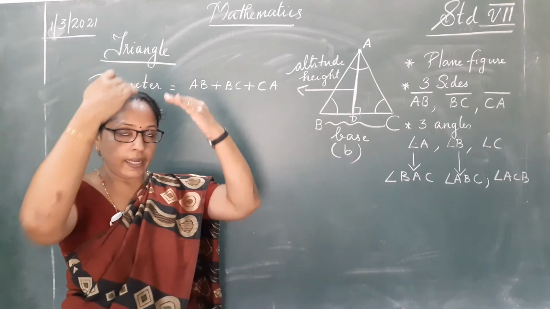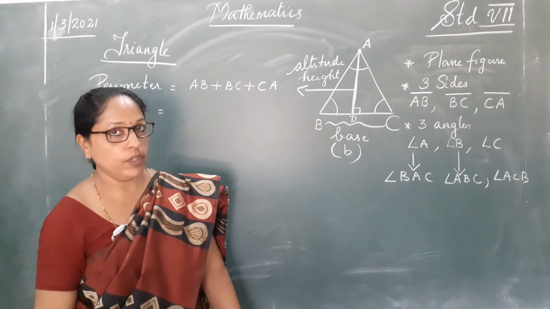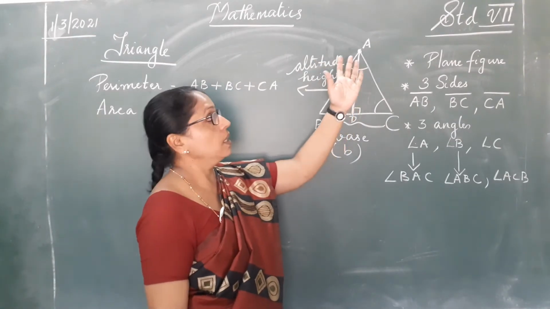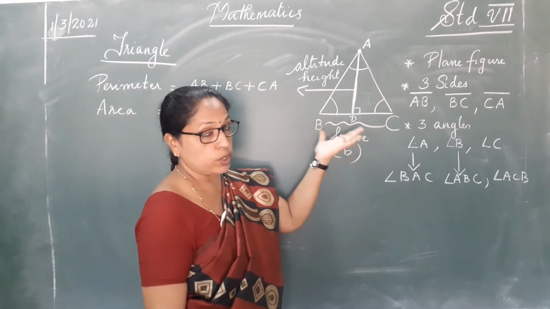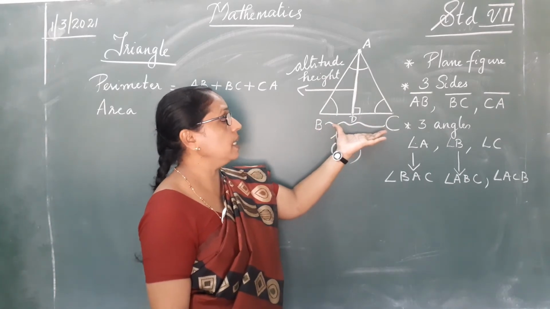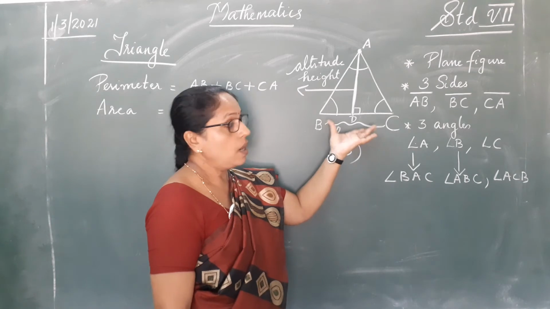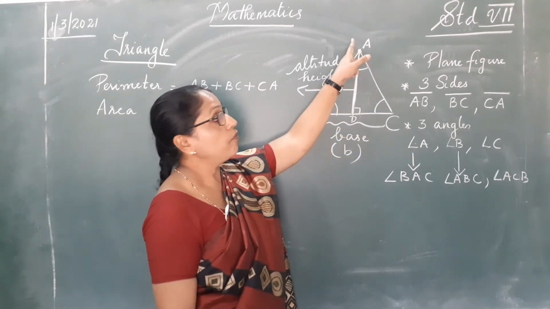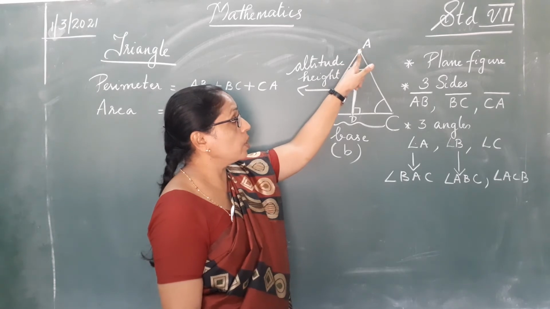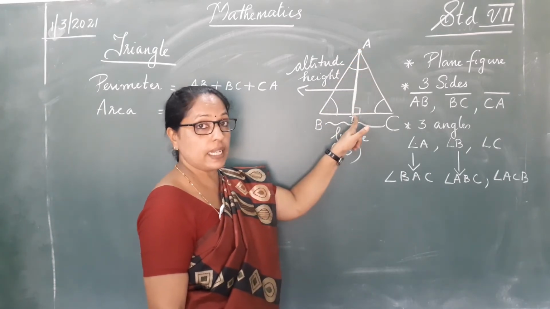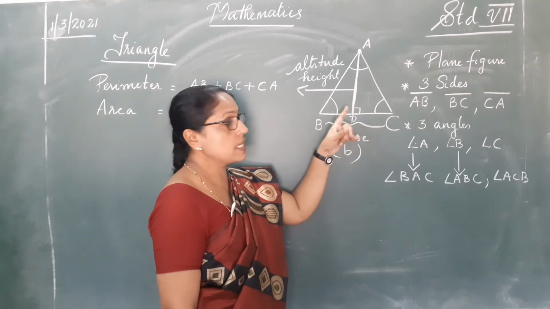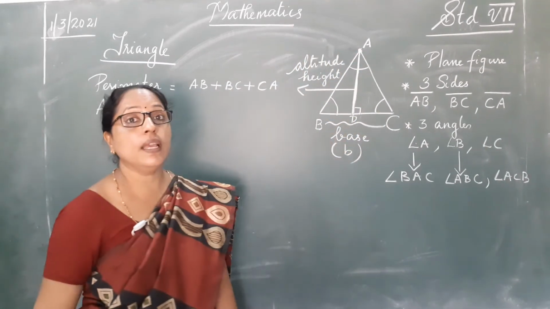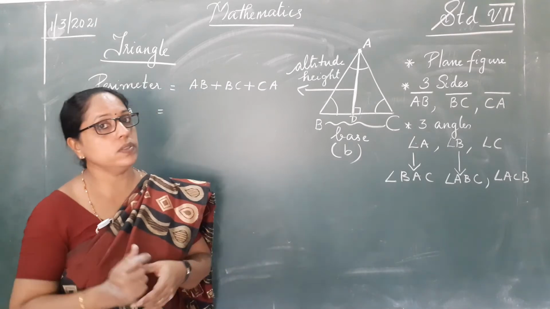Altitude, or another term is height. You all know the height, your own height we can measure. Like that, how can we measure the height of the triangle? To measure the height of the triangle, we need to take a base. Opposite to that base, you can see a point, that is A. From that A, you have to draw a straight 90-degree line which meets BC at the point D, and this length is known as the height of the triangle.